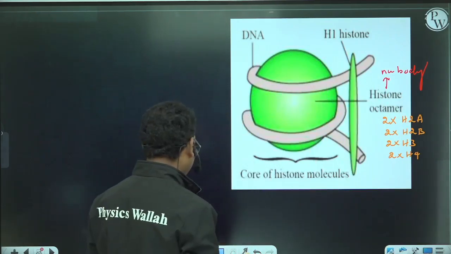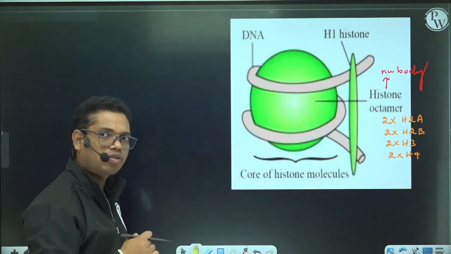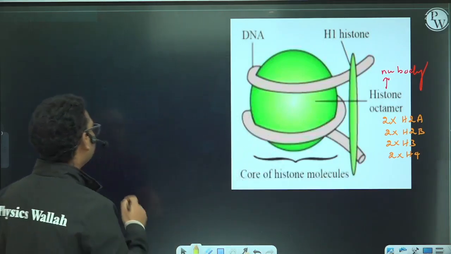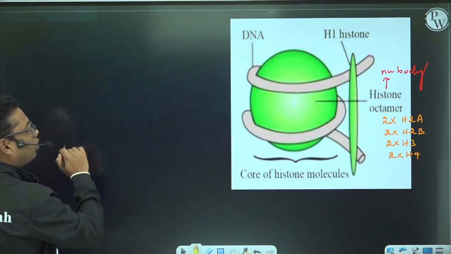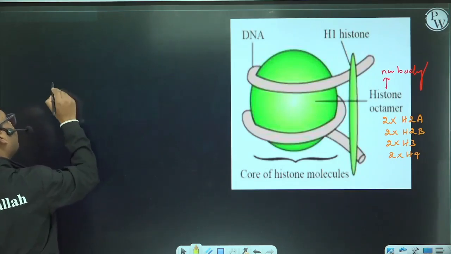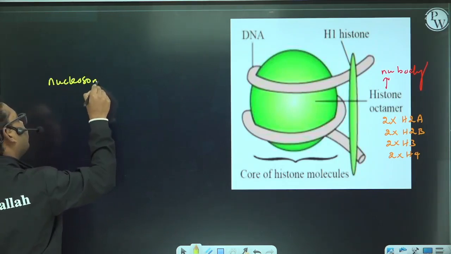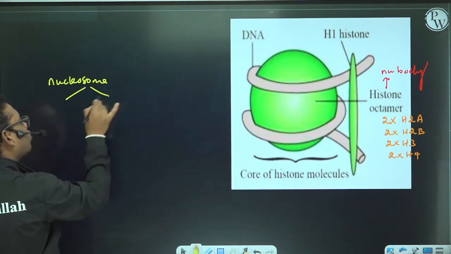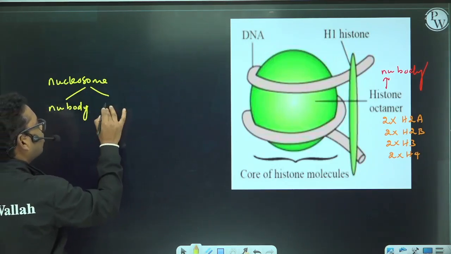Here I will write one point. This is very, very important, and you will get misinformation about this. The nucleosome consists of 2 components: one is the histone octamer, and second is the DNA.